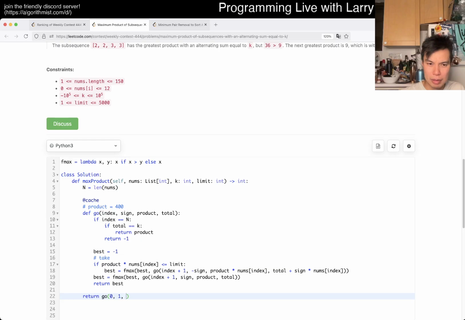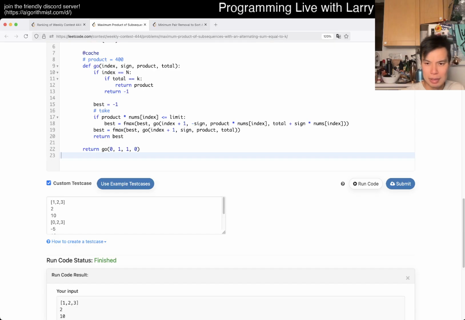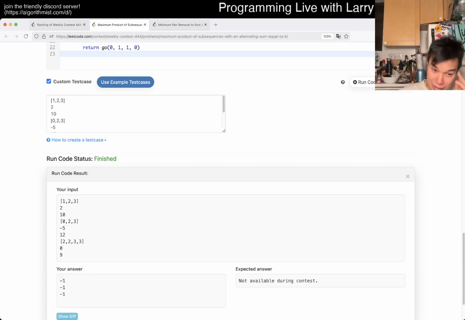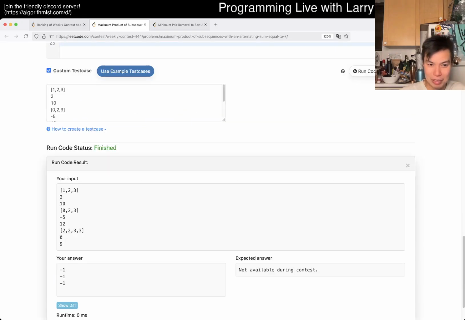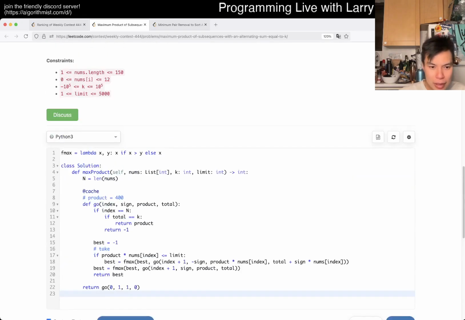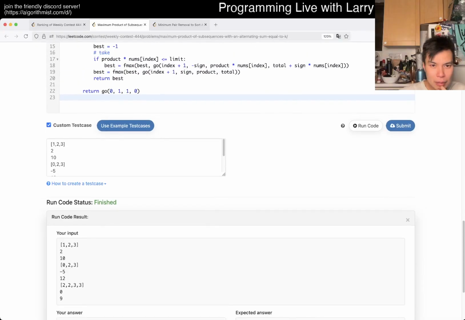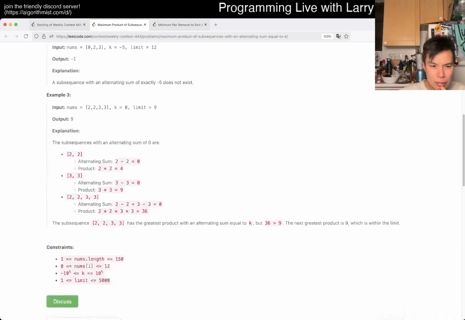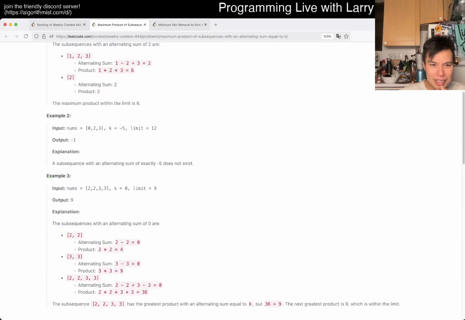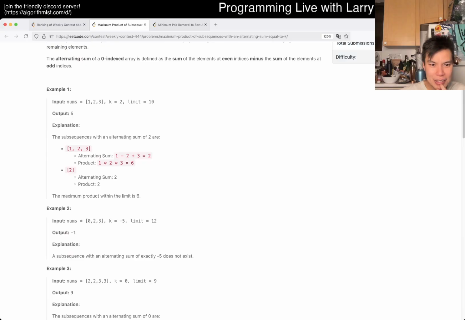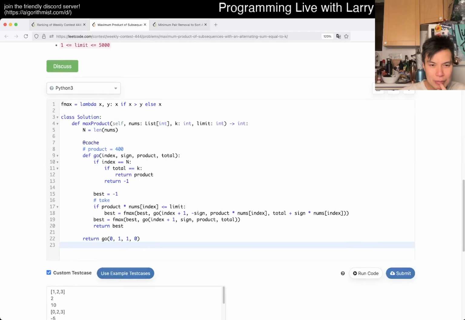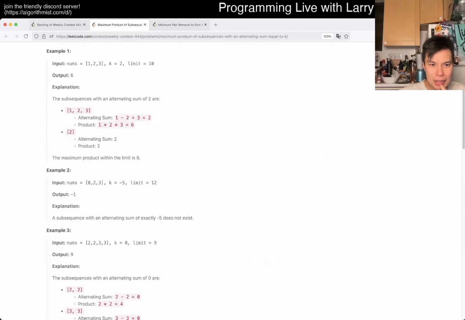Product is 1, total is 0. I mean, it's easy to write, it's just whether it's wrong or not. Probably I don't even get that one right, so maybe I shouldn't have been so whatever about it. But I got one of the answers right. 1, 2, 3 is 2. Product is 6.